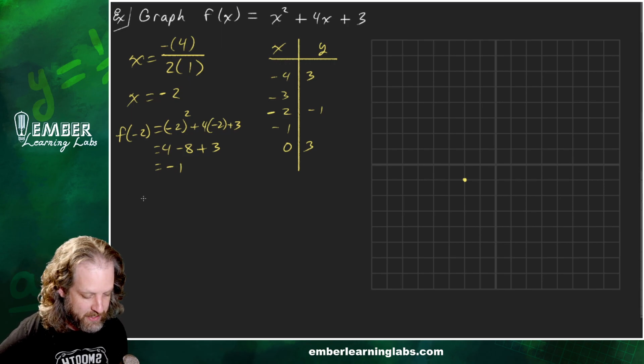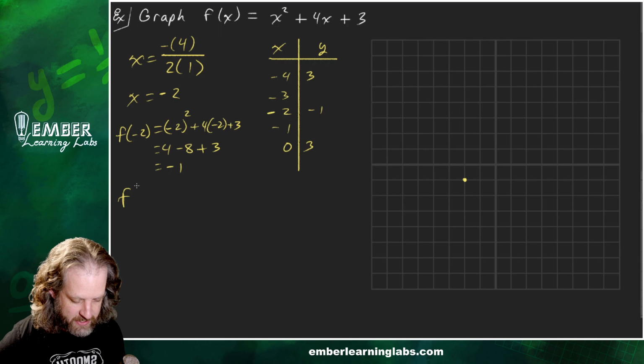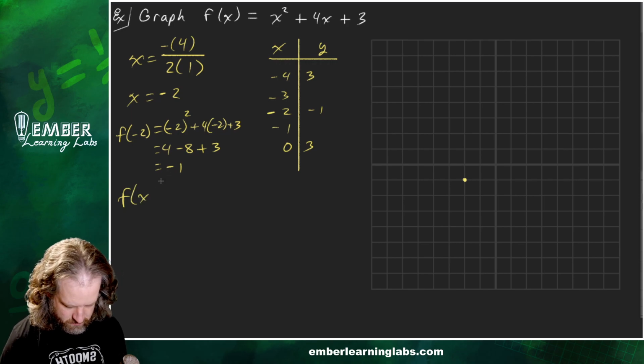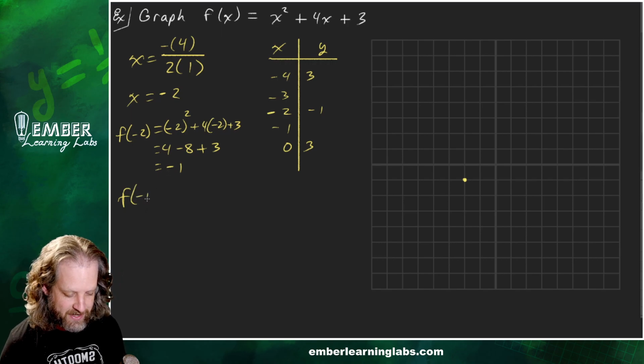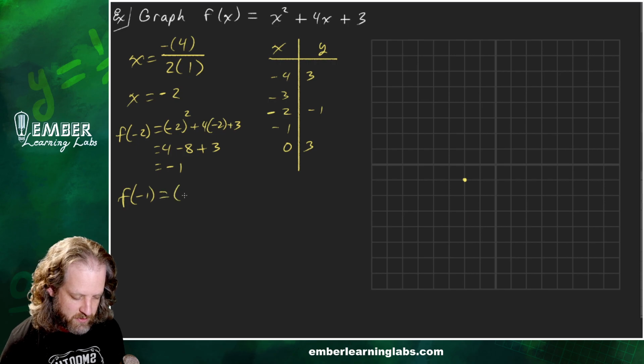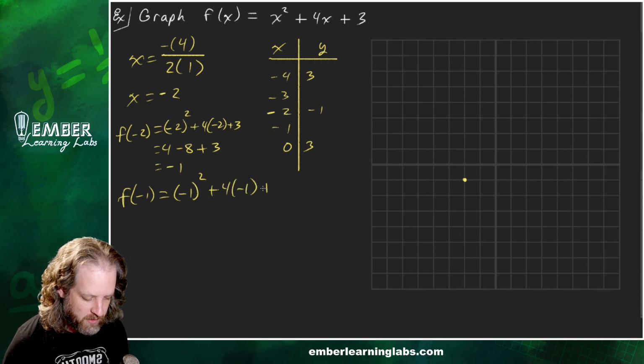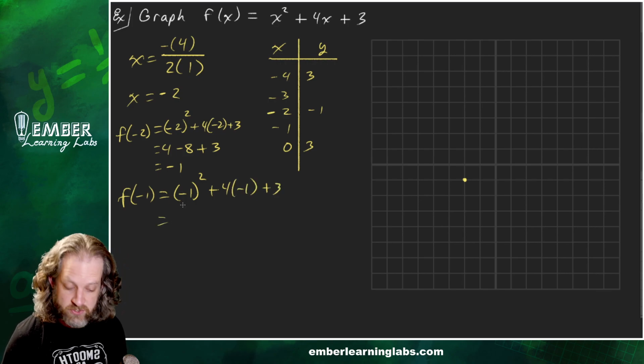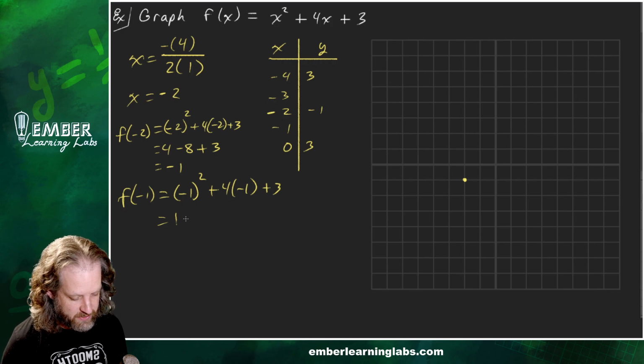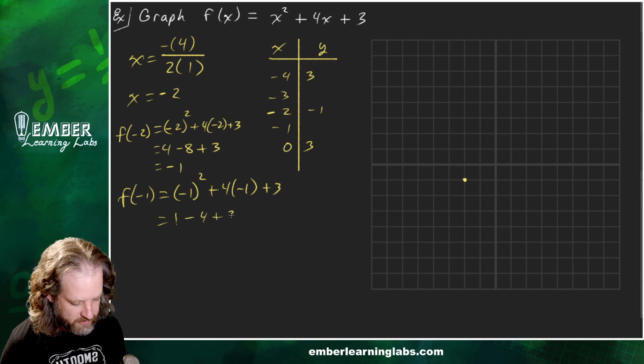What do we want to do? How about -1? Because that's going to be easier. f of -1 equals -1 squared plus 4 times -1 plus 3. -1 squared is 1. 4 times -1 is -4 plus 3.